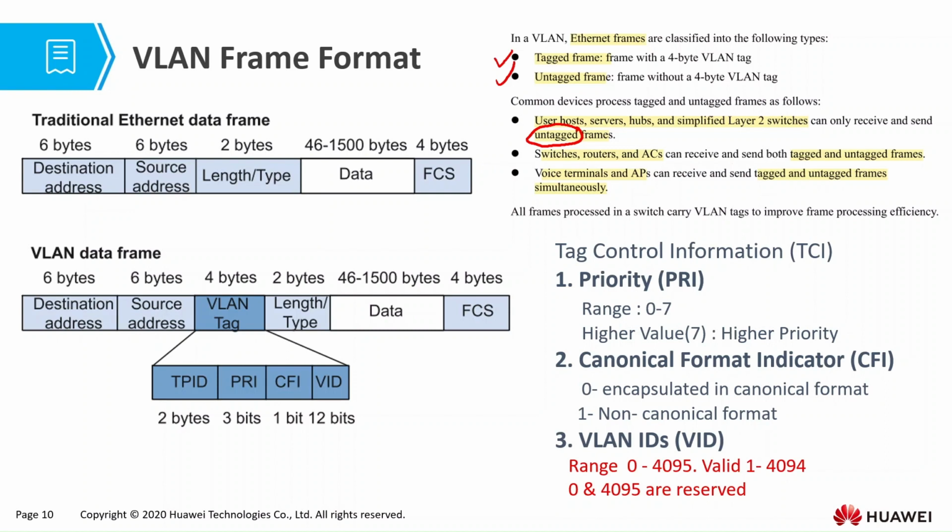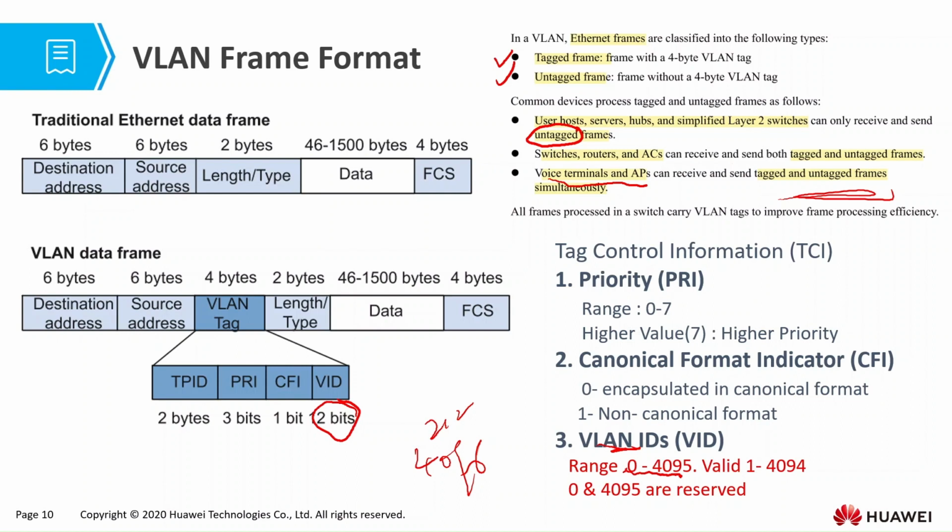But the values you can use to assign your VLAN identity are only 1 up to 4094, because 0 and 4095 are reserved. You cannot use 0 or 4095 as a VLAN ID.